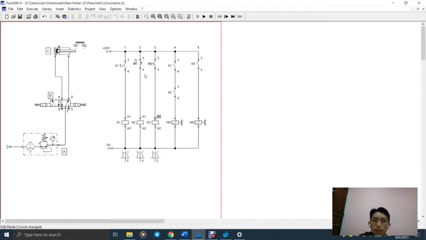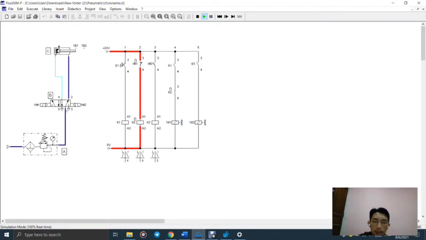Whenever 1B2 is a closed circuit, the K3 relay coil will be energized and the K3 switch will become a closed circuit, and it is going to trigger 1M2. It operates repeatedly. So we see the simulation for this circuit.